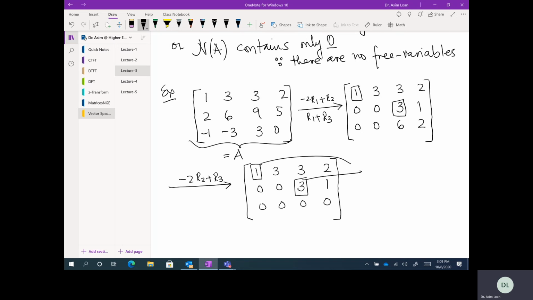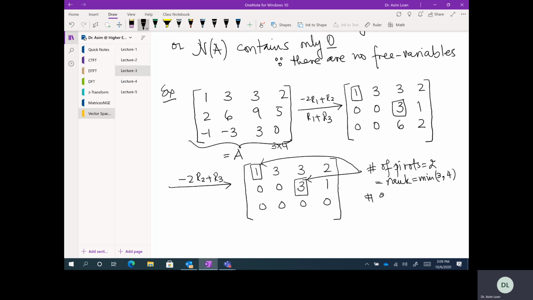So 2 pivots. Number of pivots equals 2, equals rank, which is the minimum of, this is a 3 by 4 matrix, 3, 4.